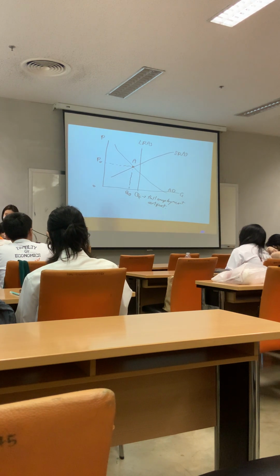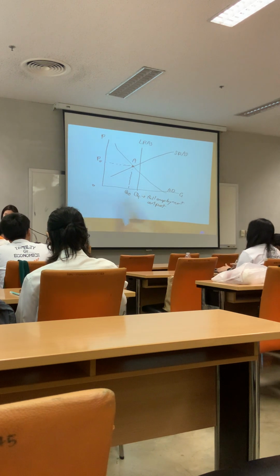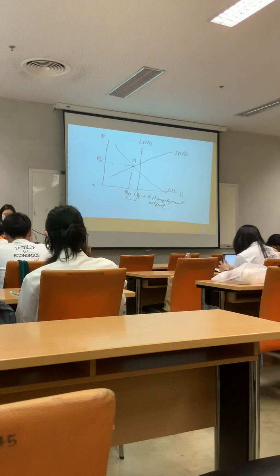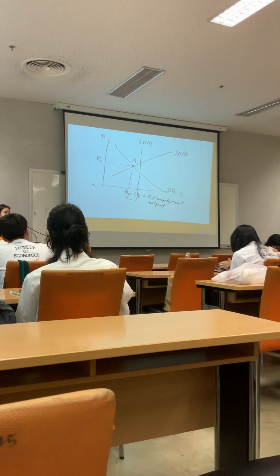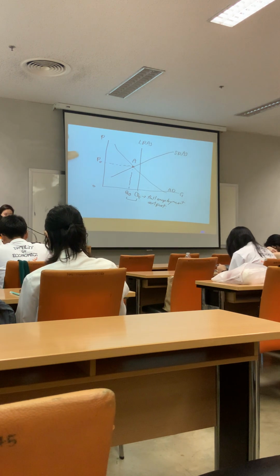That's why the starting point should be at this level, at point A, the point below the full employment, to represent that we have the Great Depression. Okay, but it's too advanced for this, so you can ignore this in fact.